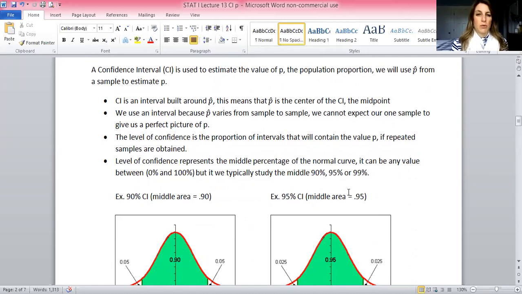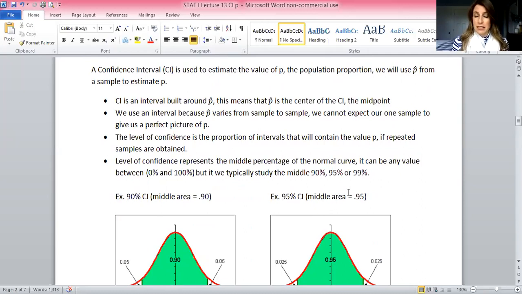CIs are built around P hat. This means P hat is the center of my CI. It's my midpoint. So if I have my CI, which is an interval of numbers, I could find that center by using the midpoint. We use an interval because P hat varies. Each sample should give me a different sample proportion, as we've talked about in chapter 8.